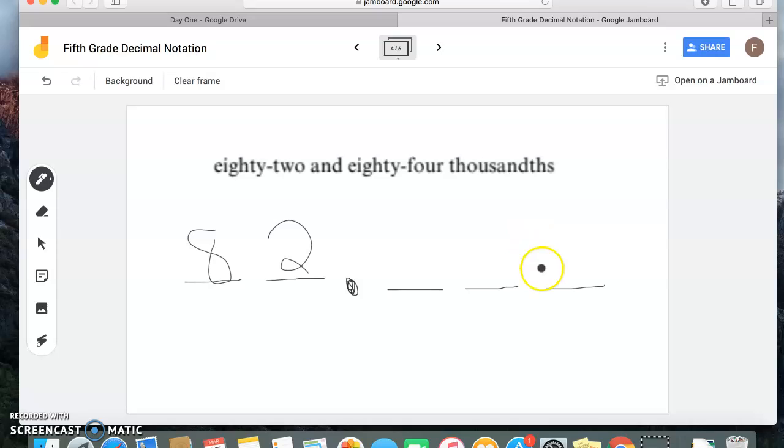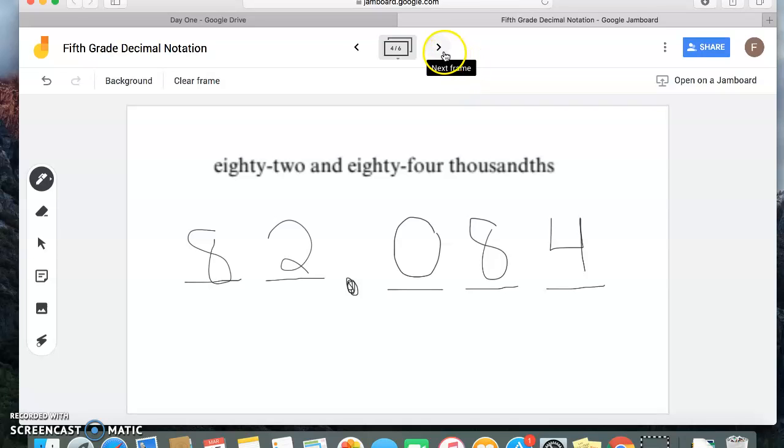But again, that thousandths is telling me I'm going to have 3 digits after my decimal point. So I'm going to write 84, but I need to also fill in my tenths place, and I'm going to fill that in with my 0, giving me the number 82 and 84 thousandths. Now again, this is word form, this is standard form.